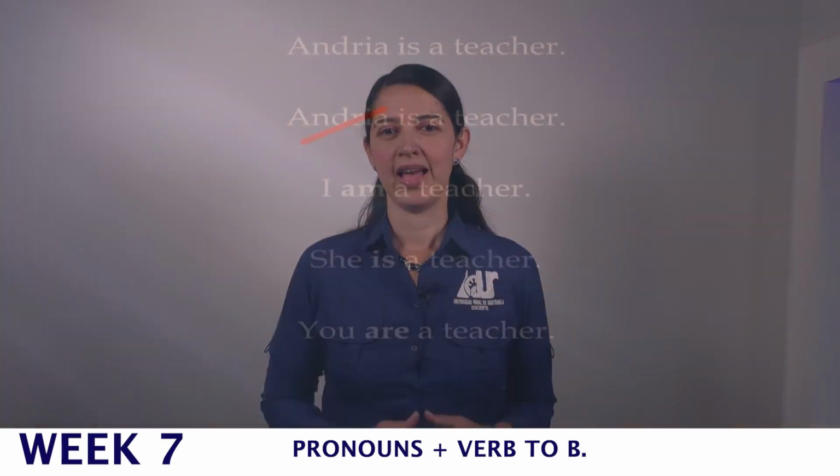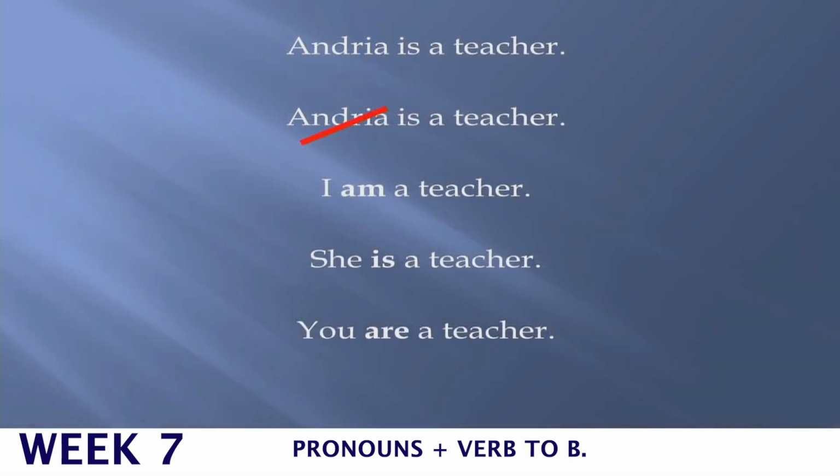Now, let's see some examples of how to replace a noun with the pronoun and how to combine it with the correct form of the verb to be. Let's start with the first one. So I have Andrea is a teacher.